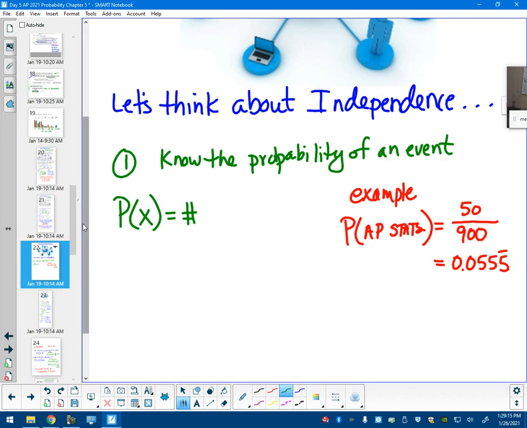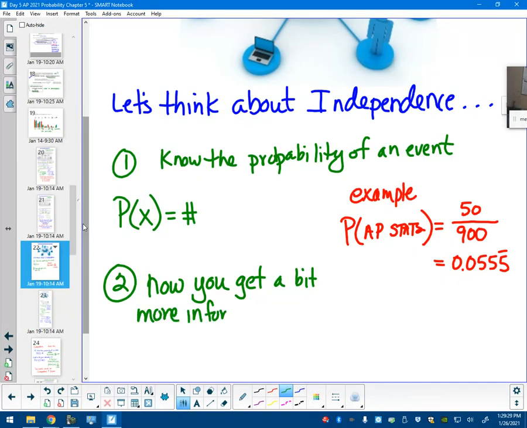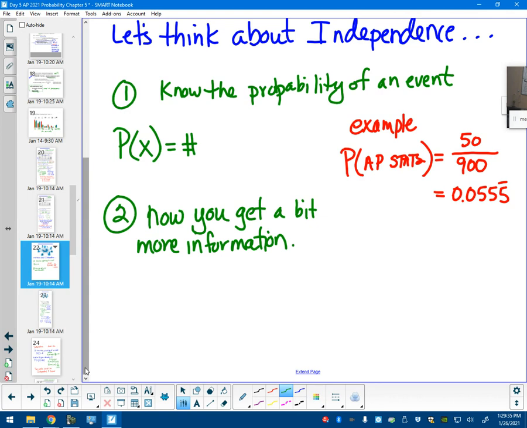You know the probability. The second thing is this. Now you get a bit more information. So now somebody tells you, okay, by the way, Y is also in play too.